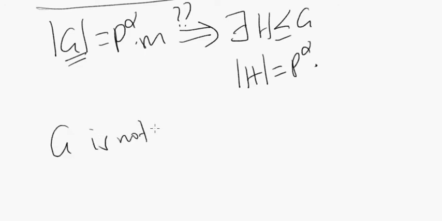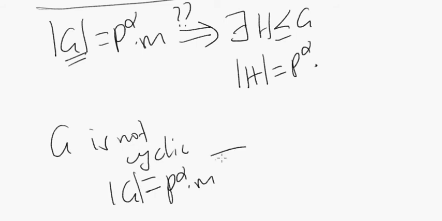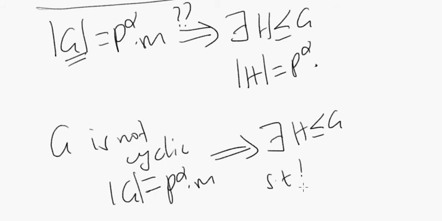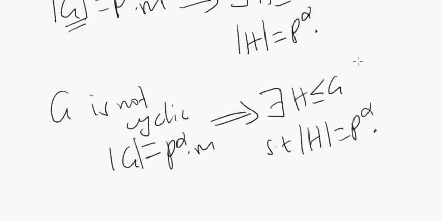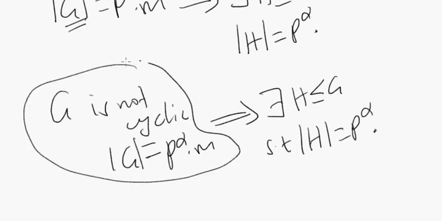If we can prove that when G is not cyclic and the order of G still equals p to the alpha times m, there's also always a subgroup H of G such that the order of H equals p to the alpha, we'll also be done. But the challenge remains: how do we deal with the case when G is not cyclic, and why are we necessarily guaranteed a subgroup of order p to the alpha?